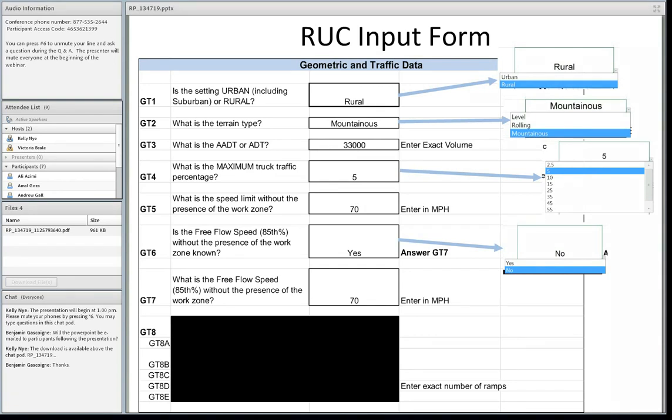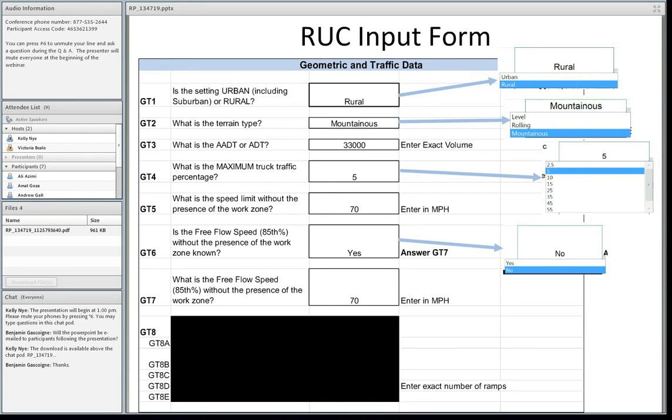And there's a drop-down box, and I've got all the drop-down menus highlighted off on the side, so you can see the various options for the different questions. The terrain type is defined via the Highway Capacity Manual for consistency with the queuing tool, and that's either level, rolling, or mountainous terrain.